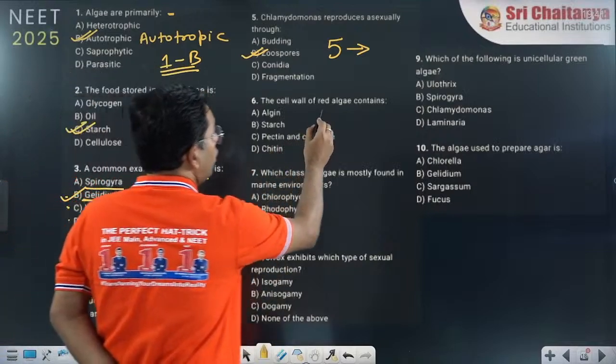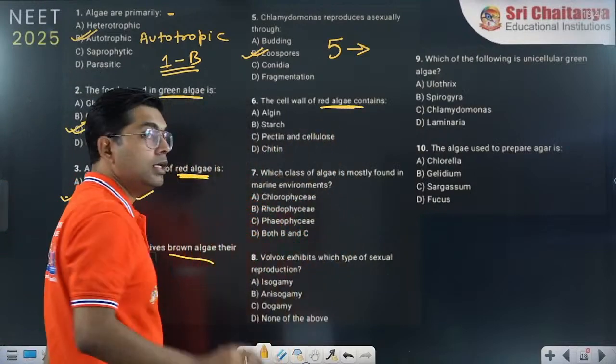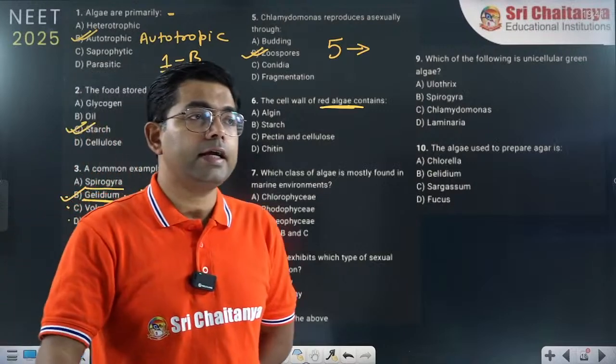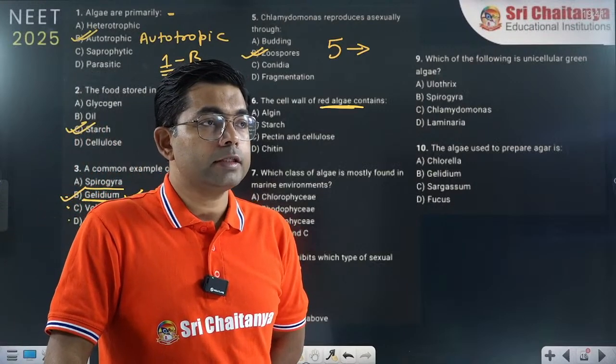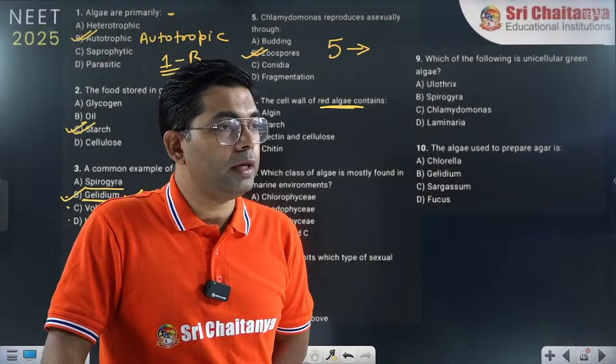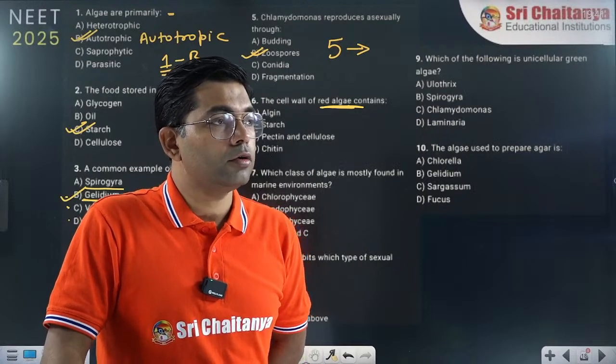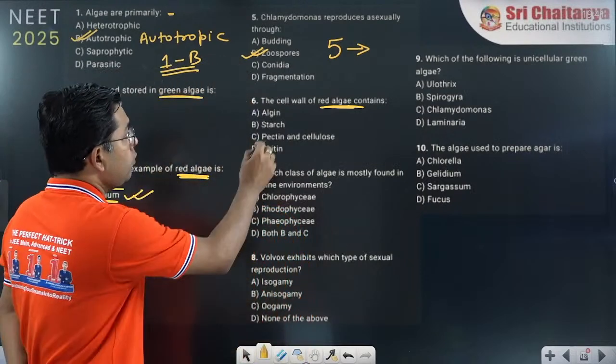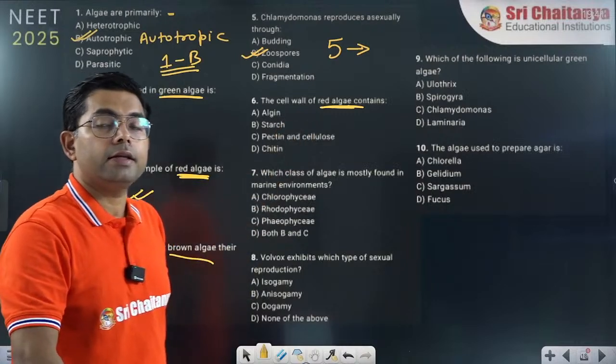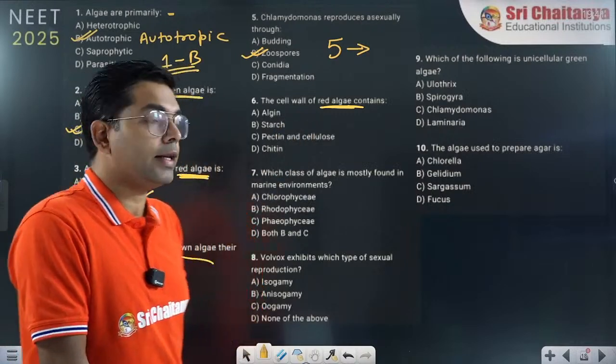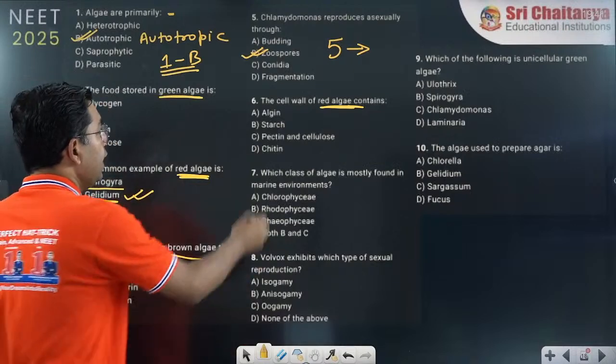Then next one. The cell wall of red algae contains. Yes, so all of you are answering B. Fifth B. Very good. Now next. The cell wall of red algae contains.